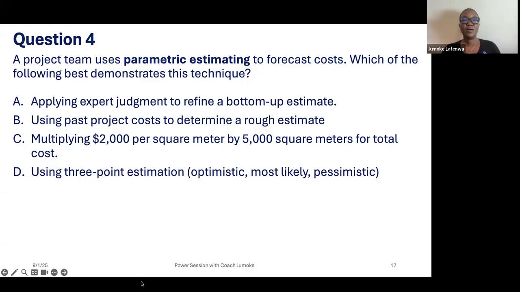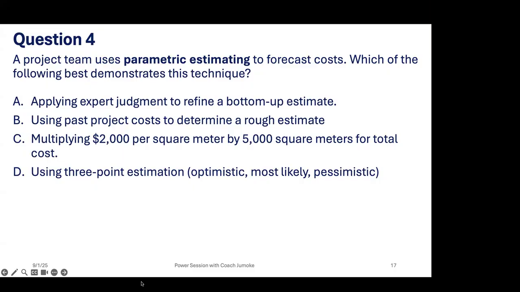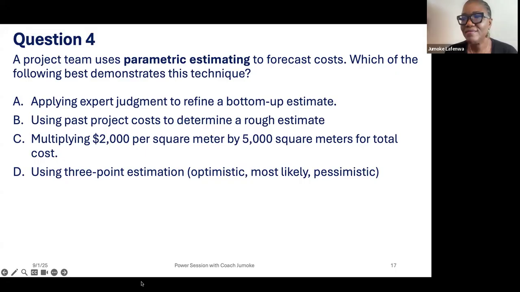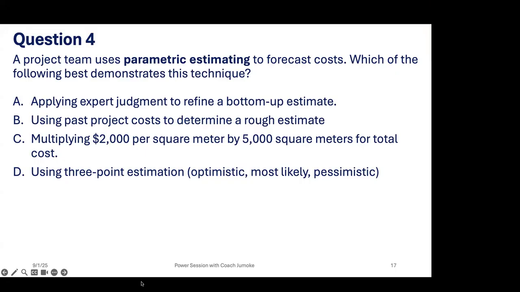Okay, thank you. For those who chose C, can we get someone to explain why they chose C? Auntie Jumi. Yes, I want to attempt my answer. I chose C. With your previous explanation, you spoke about parametric estimating, which involves using formulas to predict costs.